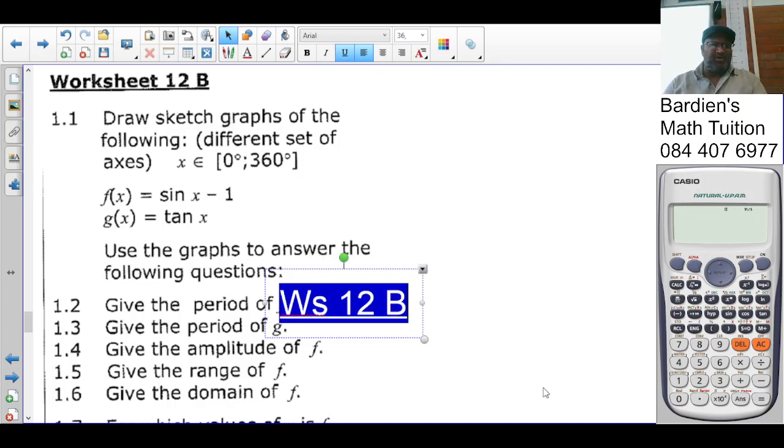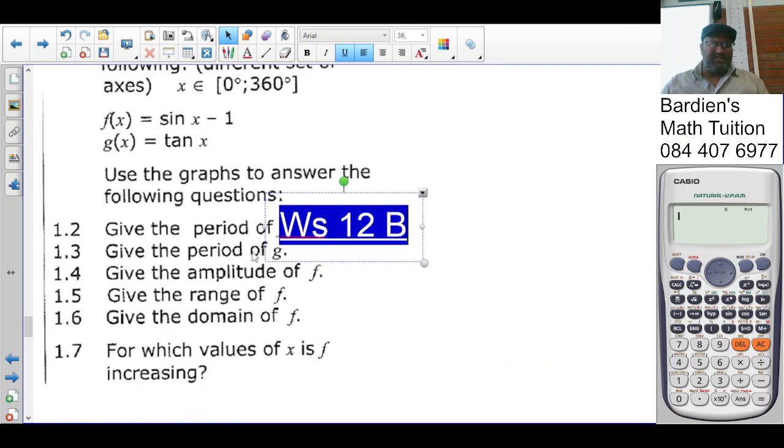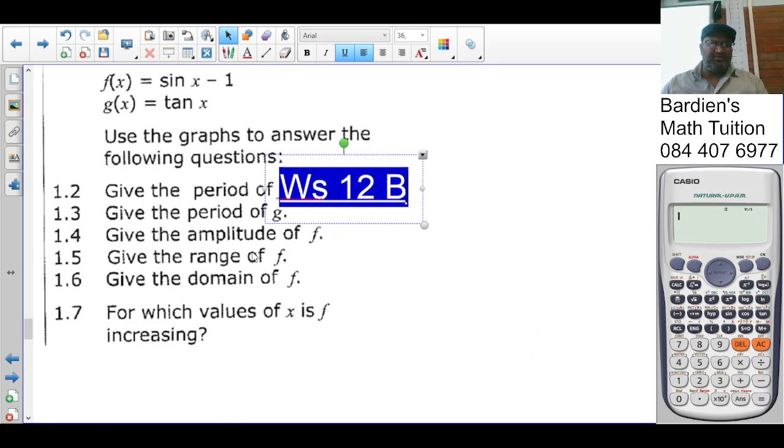They ask you to draw the graphs of the following on a different set of axes. We have two graphs there, so it's the sin x minus 1 graph and g of x equal to tan x.